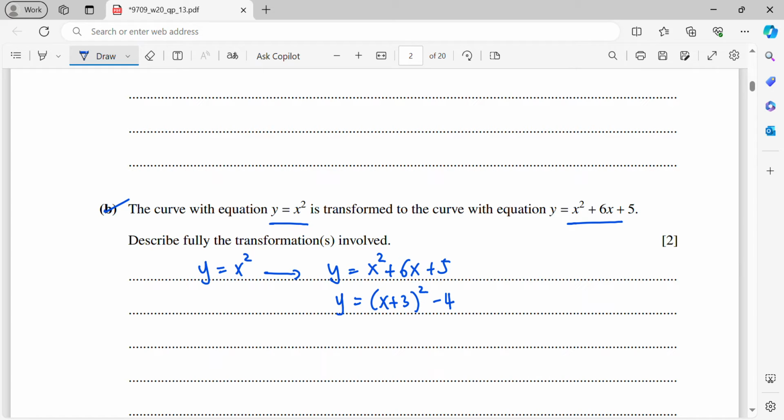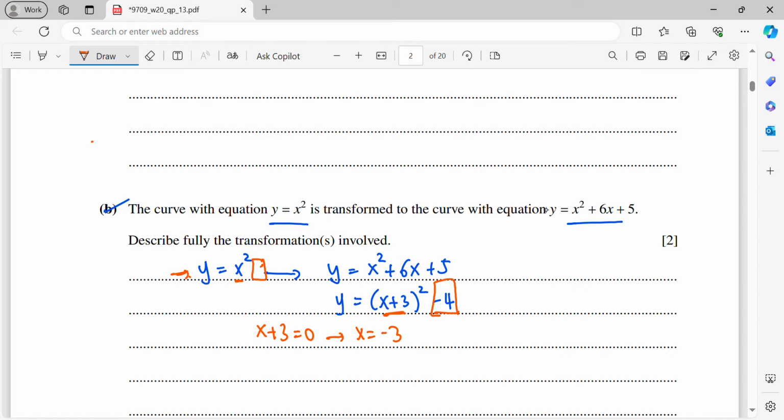First of all, look at the x value. Instead of x squared, it has been changed to (x plus 3) squared. When I let x plus 3 equal 0, that means my x is minus 3. So this is a translation of 3 units to the left side. Then look at the minus 4 over here. It means that you move the original equation down by 4 units.